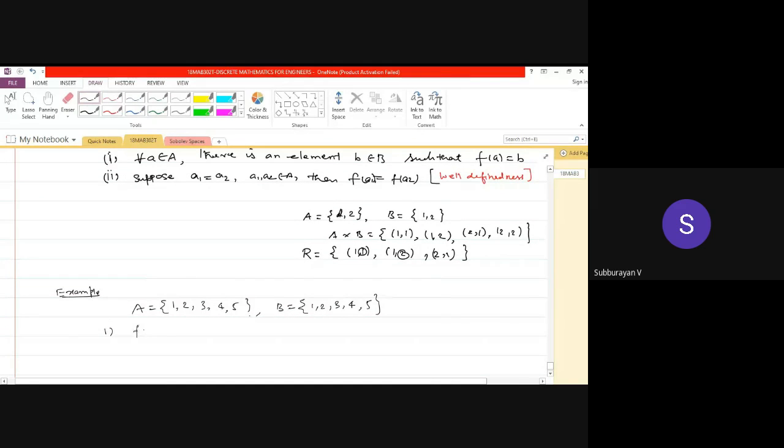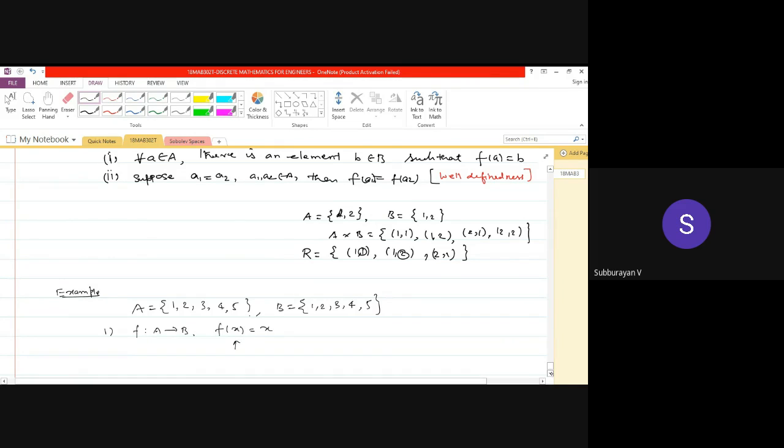Suppose f from A to B is defined by f(x) equals x. Is it a function or not? Yes, sir. Why? Because if I plug the number 1 into the input position, we get the same number. Therefore all these numbers are available in B, so f(x) equals x is a function.